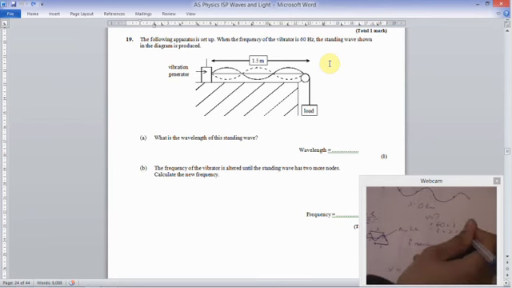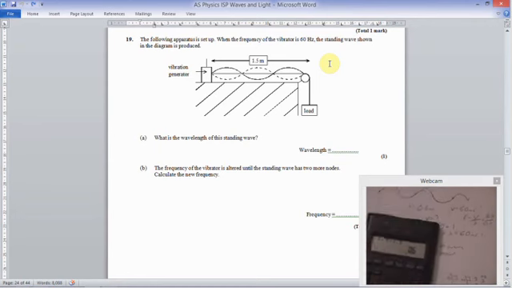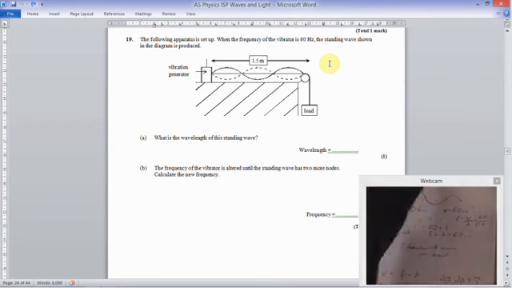So that ends up with 60 meters per second. So the speed must still be the same. So now our new speed is still 60 meters per second. Our new frequency, well, that's going to be speed over wavelength. So that's 60 divided by 0.6, which equals 10. Okay, so that should be 10 hertz for that one.